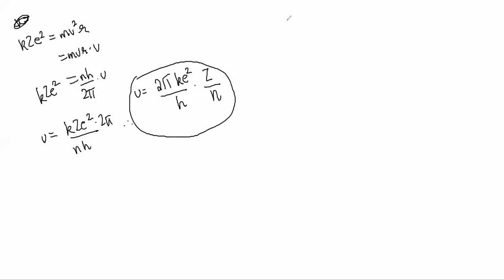And radius: m v r is equal to n h by 2 pi. So radius is equal to n h by 2 pi m v, and I have to do n square by z. It becomes n square by z, and h by 2 pi m multiplied with h by 2 pi m, where velocity is 2 pi k e square by h.